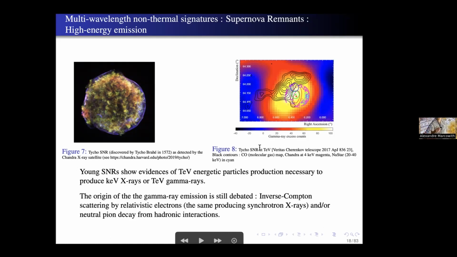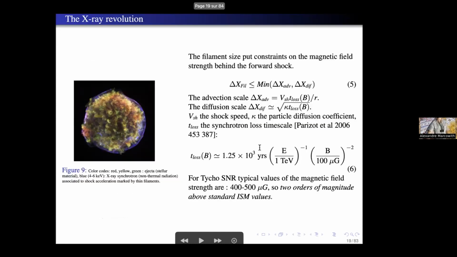But for now, we still have a kind of degeneracy among the two. We are not sure which process the gamma rays are coming from.